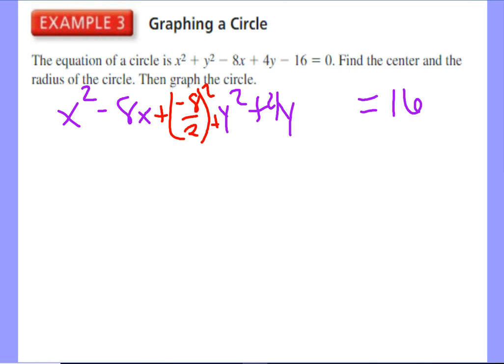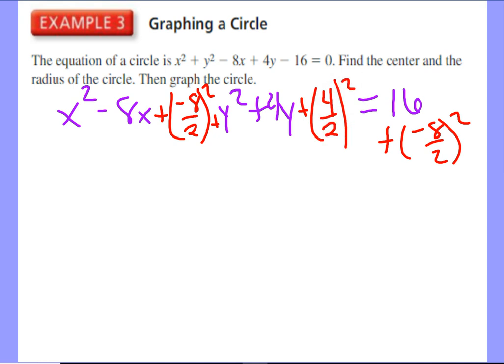But what I do to one side, I have to do to the other side, so I will also add (-8/2)^2 to the right side. I will do the same thing for my y's. I will take b, which is 4, and take (4/2)^2, and add that to both sides of my equation, because we have to keep the validity of the equation true.